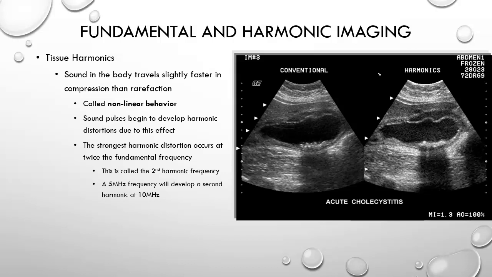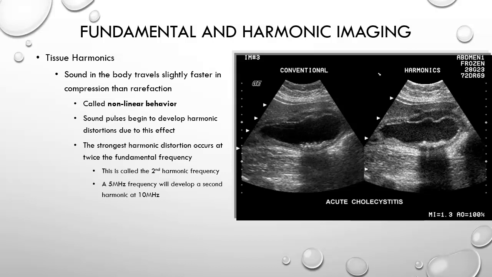So here's what happens. The tissue sound, as it passes through the body, the propagation speed is slightly faster in compression than in rarefaction. So your cycles of compression are traveling slightly faster than the cycles of rarefaction.